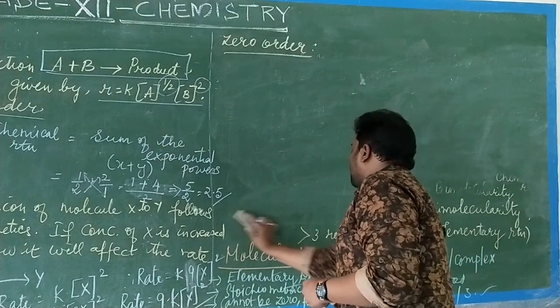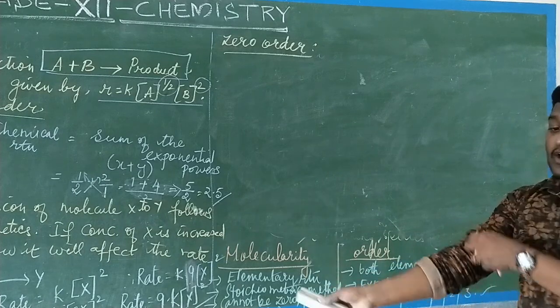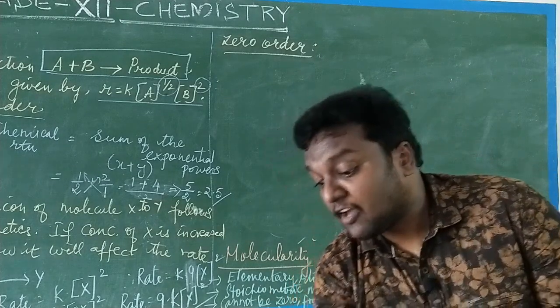So zero order kinetics என்ன அர்த்தம்? The rate of the chemical reaction will not depend on the concentration of any of the reactants.